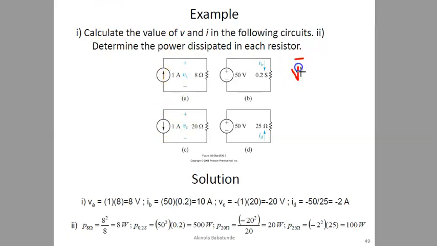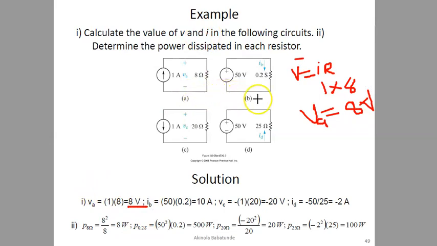We know that V is equal to IR, that is current multiplied by R, the resistance. Our current here is 1 and our resistance here is 8. So if you multiply this, what you're going to have is 8 volts. So our VA will be equal to 8 volts, which is exactly what we have here.